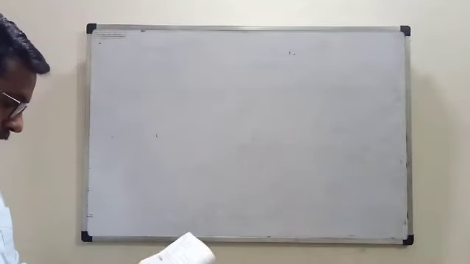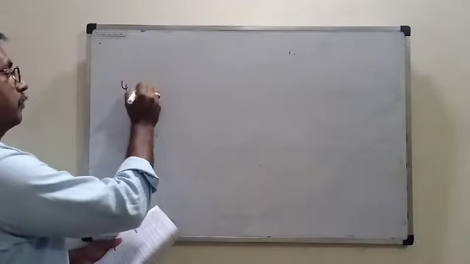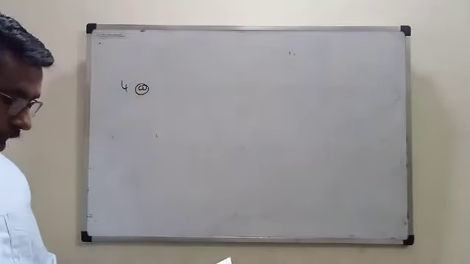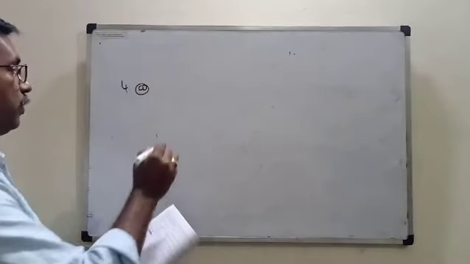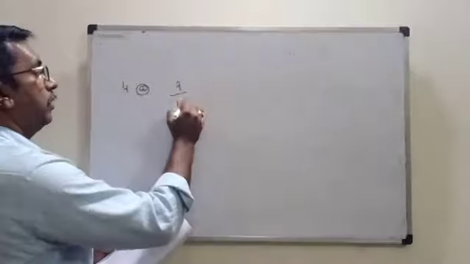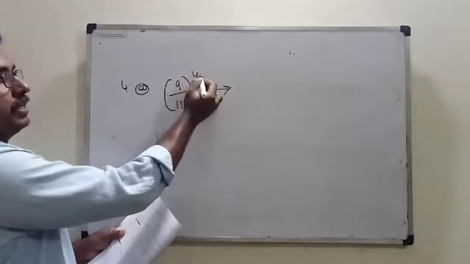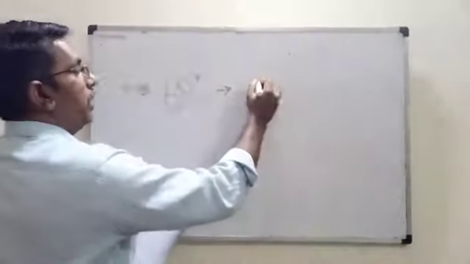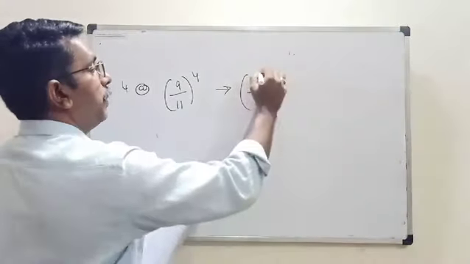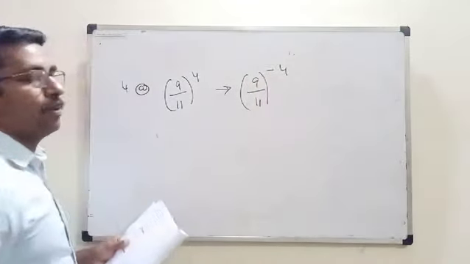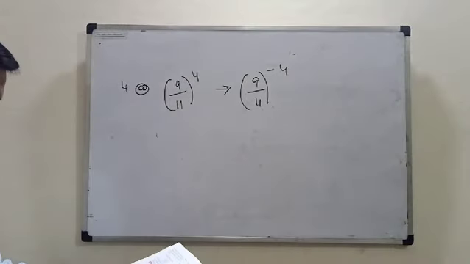What is question number 4? Write the multiplicative inverse of the following exponent. Very simple it is. Now, what is the multiplicative inverse? Change the sign of the exponent. 9 upon 11 to the power minus 4. Okay.